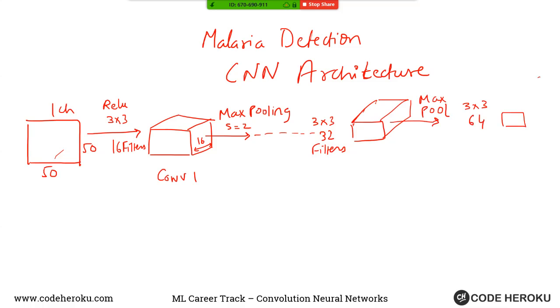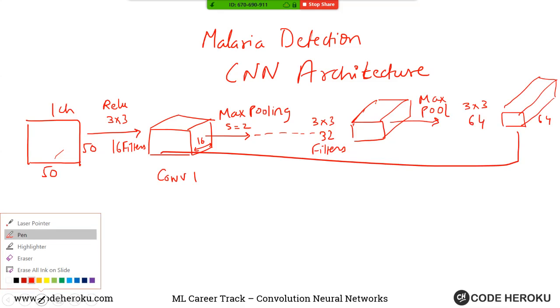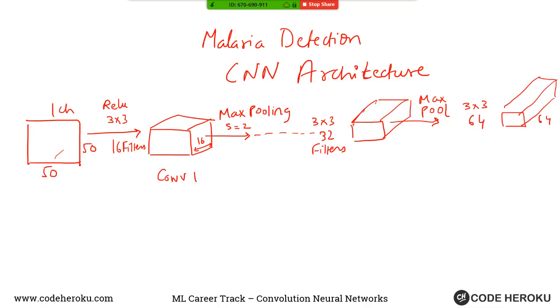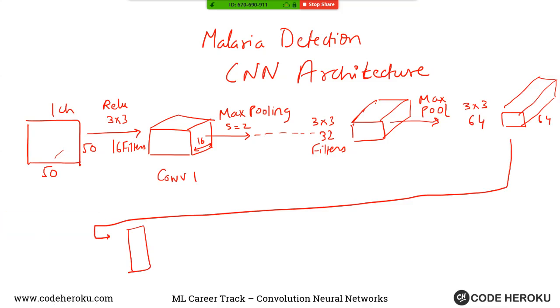So this will be an even smaller network, but we'll have more channels. We have 64 channels over here now. This entire thing we'll pass through our fully connected layer, FC1, and then to our softmax output layer. So this will be the output layer, and this will be our hidden layer.